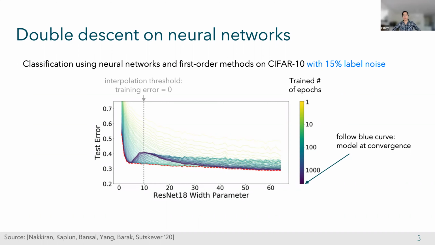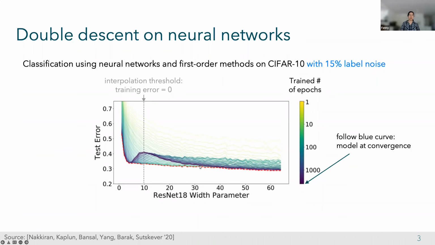At a particular point, which is additional information you do not see on this plot, at ResNet width parameter 10, you actually reach the interpolation threshold, which means that you're able to fit all the noisy training data perfectly. Once we know that this is the interpolation threshold, we can make two observations. The first one is that the blue curve is actually going down.